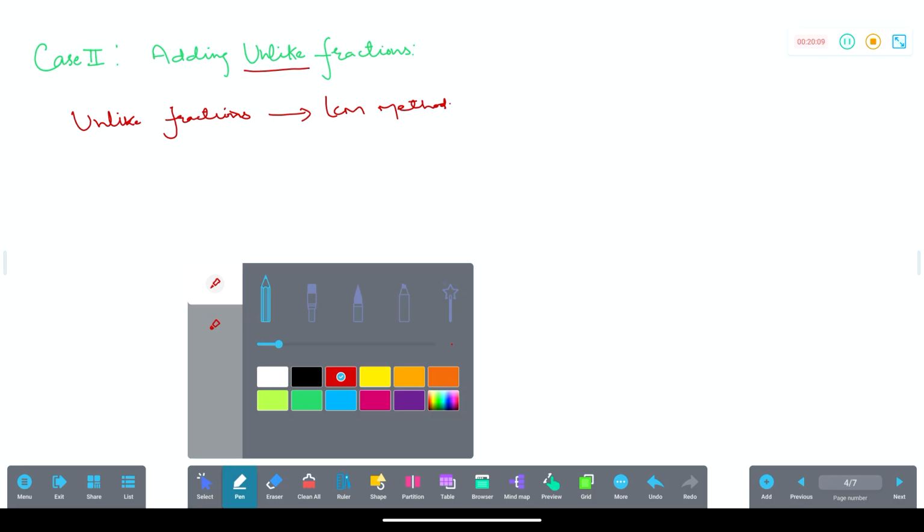So we will write here: unlike fractions, LCM method. Now let me carry out the example. We will understand it by example.